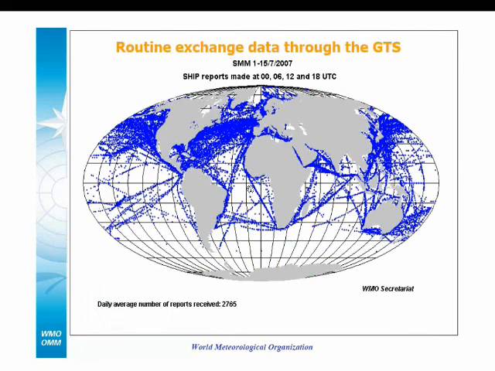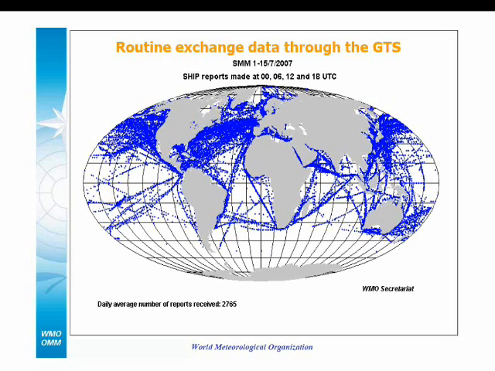Next is SHIP report. You can find ship routes easily. Last year statistics, the number of average reporting from ships is about 3,000 a day.